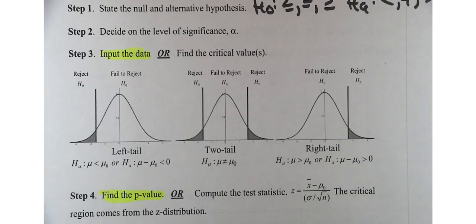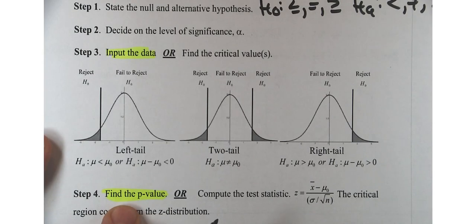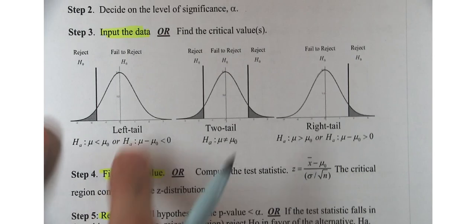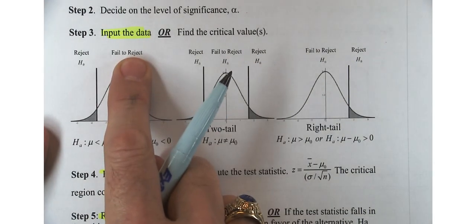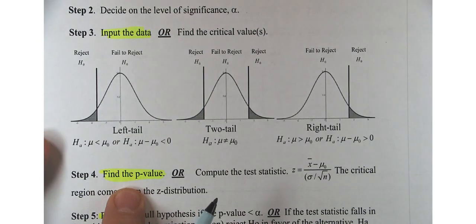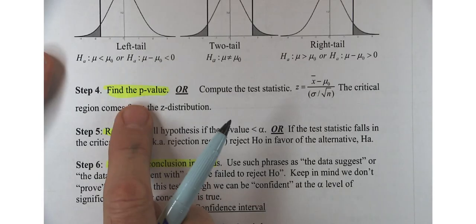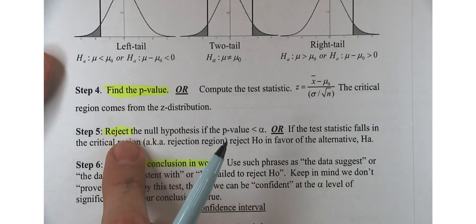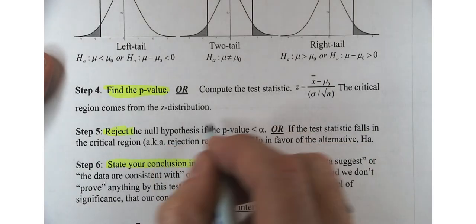We can bypass a lot of that by using StatDisk and the p-value. Once you input your data into the proper place in StatDisk, you can get a p-value, and based on the p-value you can reject H0 or fail to reject H0.